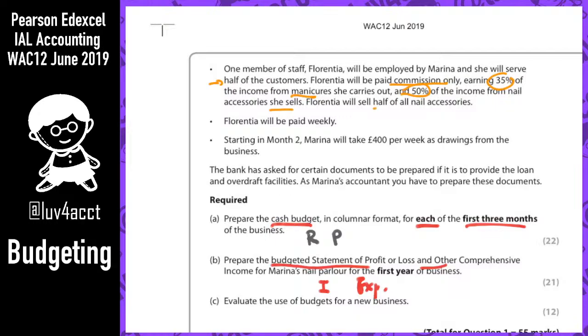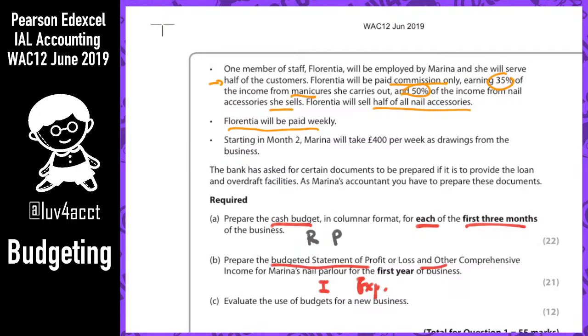She will sell half of all nail accessories. Okay, so you have 50% for sale of accessories given to your staff and 35% for manicures. She will be paid weekly. That means you do not have to think about the timing difference.